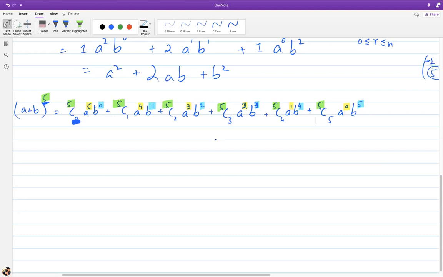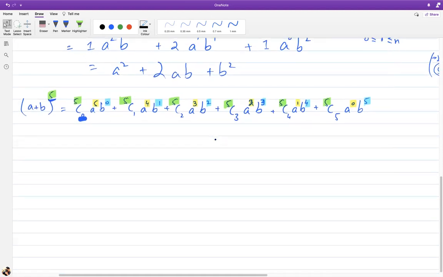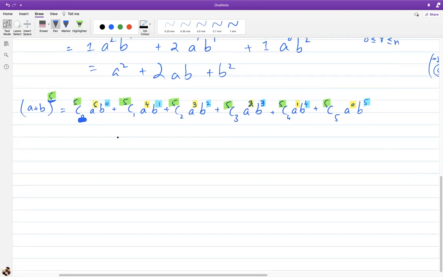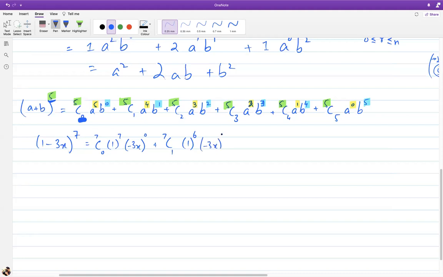So there are basically 3 kinds of questions that the examiner asks you on this topic. Number 1, expand any pattern. Let's suppose you have 1 minus 3x to the power 7, and the examiner says, okay, expand this. So you'll say, okay, sure. 7c0 is my first term: 1 to the power 7, minus 3x to the power 0, plus 7c1, 1 to the power 6, minus 3x to the power 1.